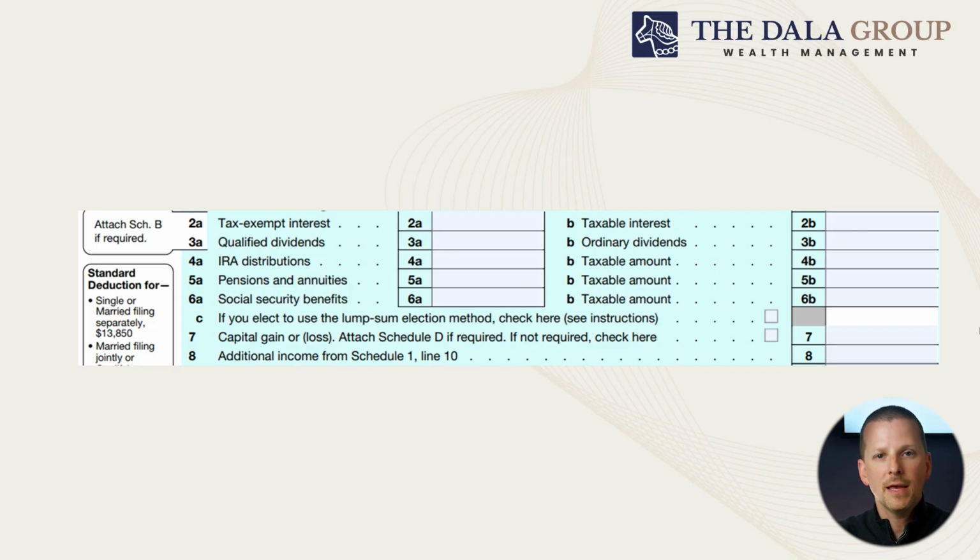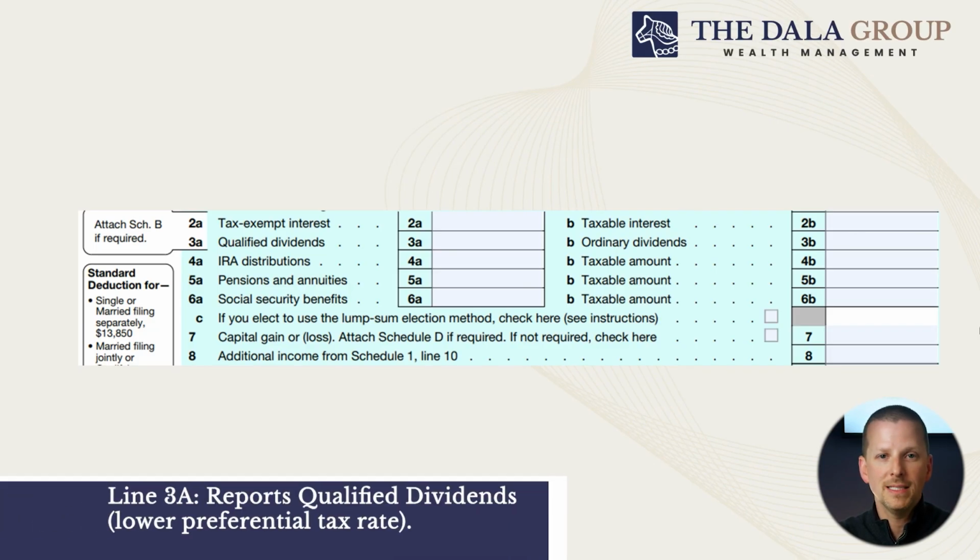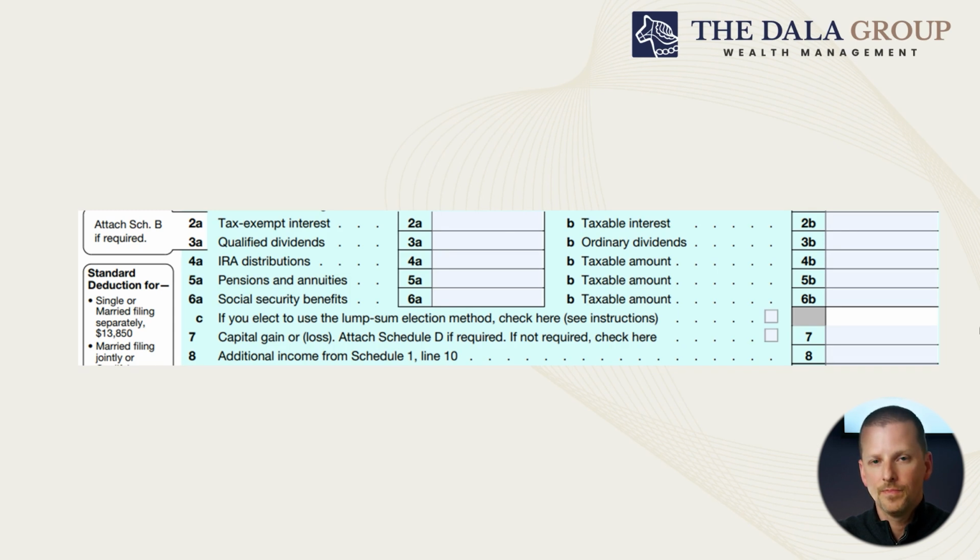And we can use different investments in the taxable account that are more tax efficient, such as individual stocks, index funds, or ETFs. Now, line 3A is where you will report qualified dividends that are taxed at a preferential rate versus ordinary dividends, which will be reported on line 3B.